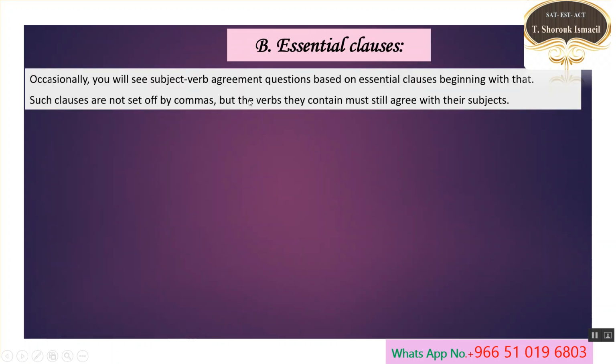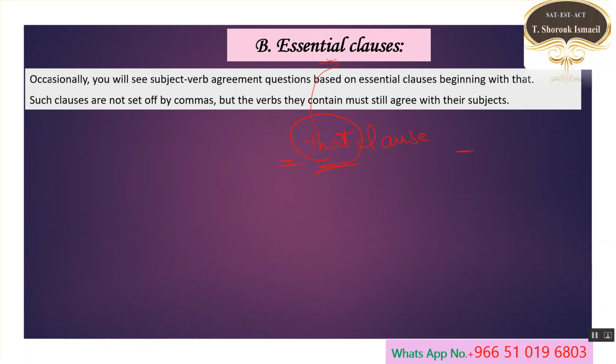Let's move to essential clauses that we mentioned before, which start with that. You can signal them by the word that. You won't find commas before or after, because it's essential.